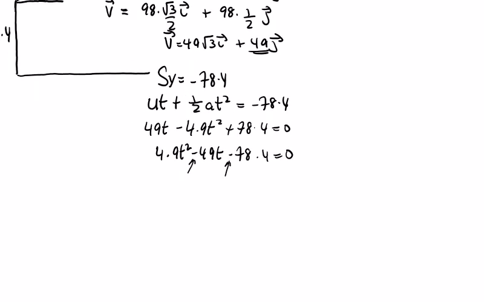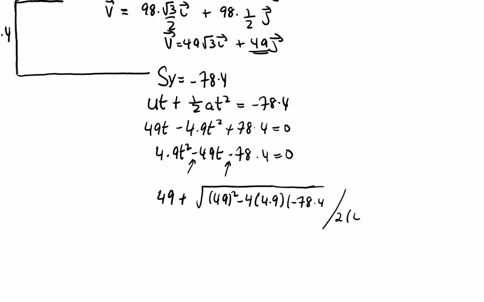So just on your calculator type in minus b, 49, plus the square root of b squared, 49 squared minus 4 by 4.9 by minus 78.4, and divide that by twice 4.9. You could multiply by 10 and get rid of the decimals, it doesn't make a difference. So this is giving me 11.4 seconds, correct to one decimal place.